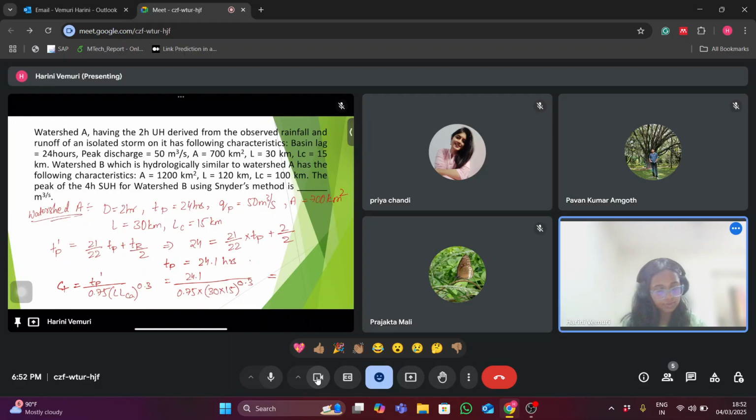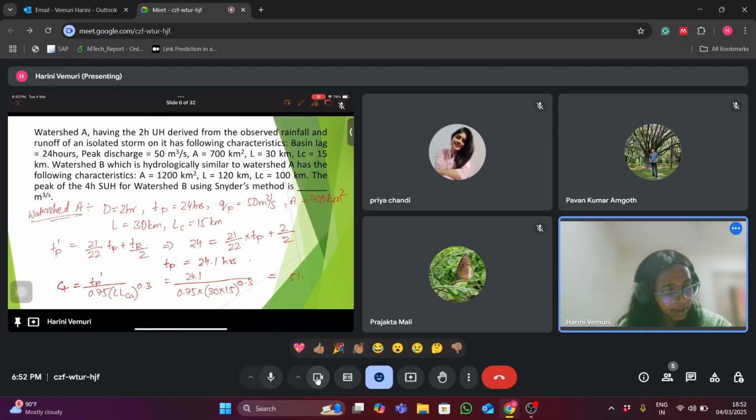So we know the length of the mainstream is 30 and the distance between the outlet and the centroid is 15. After calculation, it is coming as 5.14.